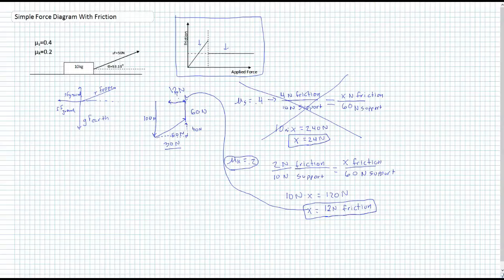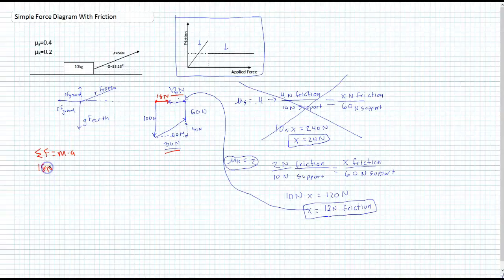Now that I've established that, I'm ready to solve this problem. I've established that I do have an unbalanced force, and that unbalanced force is going to equal the difference between 30 and 12, which is 18 newtons. Using Newton's second law, the unbalanced force equals mass times the acceleration of this system.